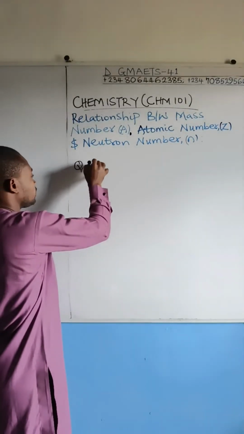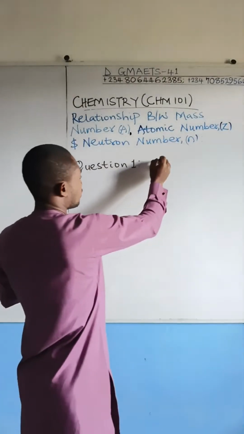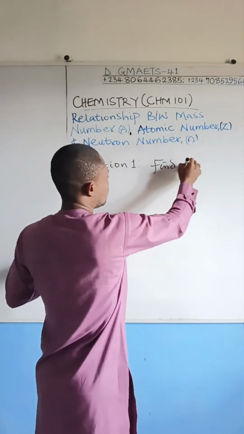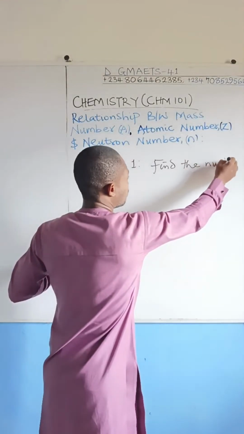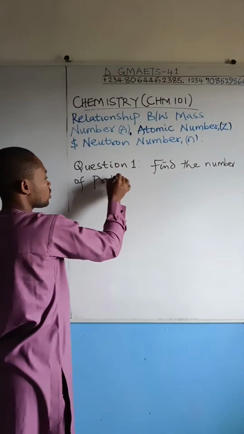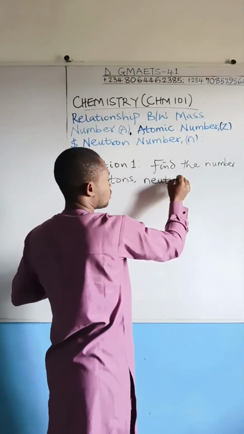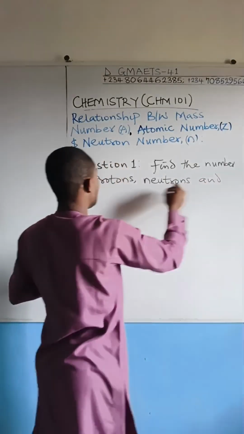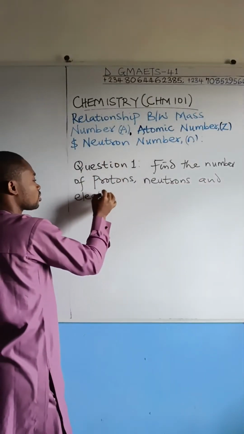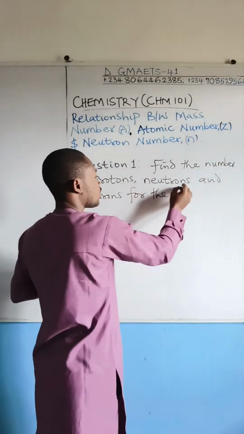Question number 1. Find the number of protons, neutrons, and electrons for the following species.